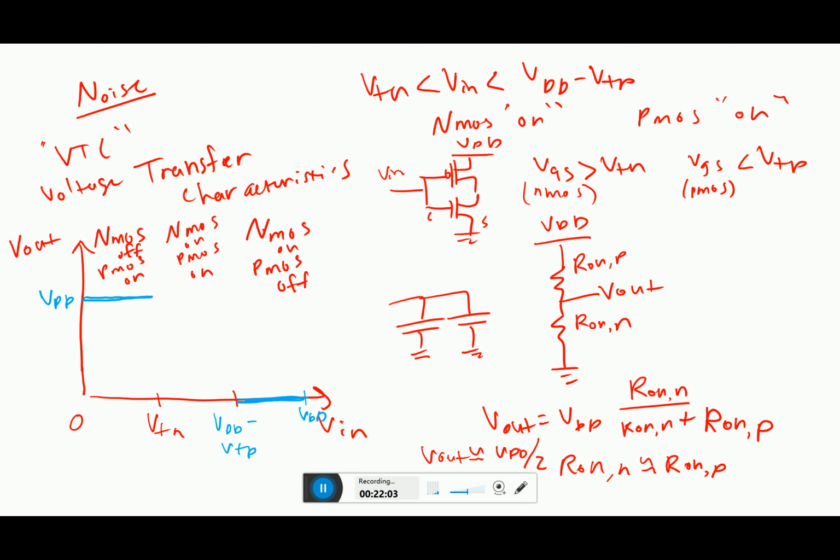So that puts it somewhere here, approximately equal to VDD over 2.